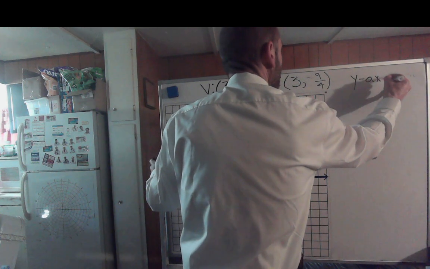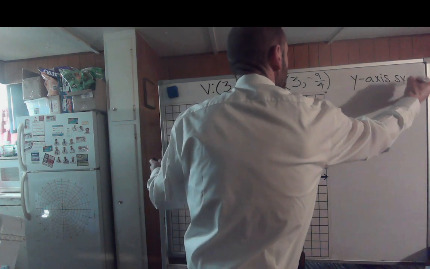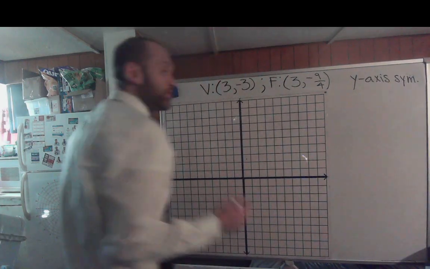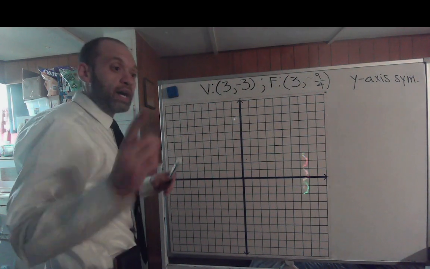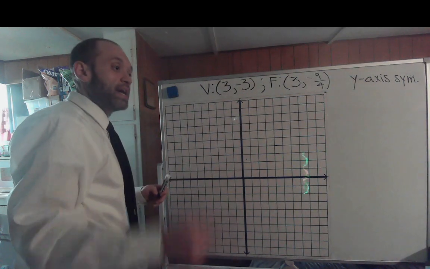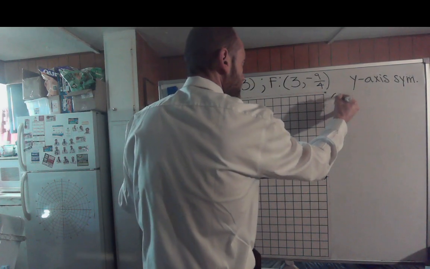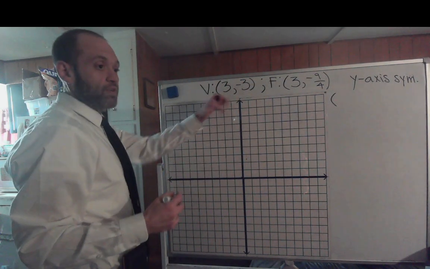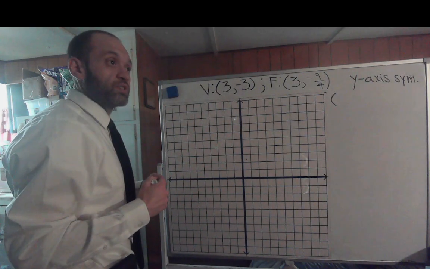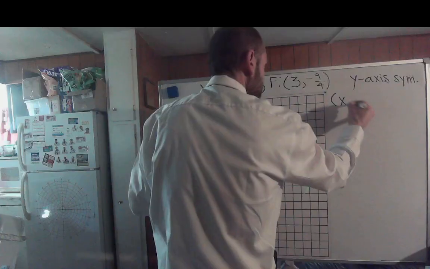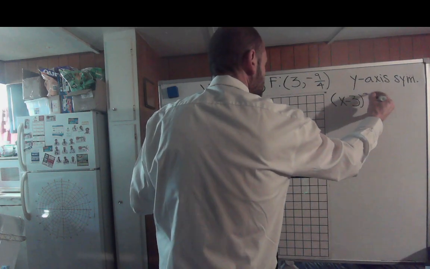There's going to be y-axis symmetry, which we know if there's y-axis symmetry, the y is the linear variable, the x is the quadratic. So we can start setting up this equation. The x-coordinate of the vertex is 3. If x equals 3, that means it's going to be x minus 3, then the quantity squared.